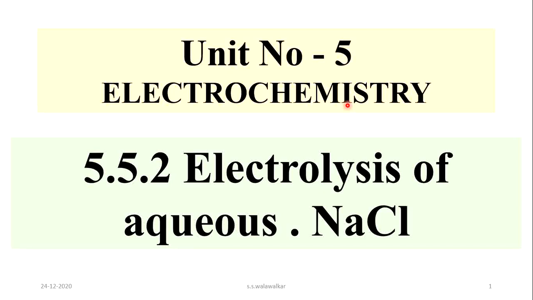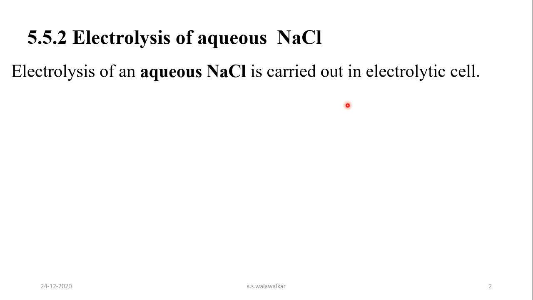In the case of electrolysis of aqueous sodium chloride, the construction of the electrolytic cell is the same as that of molten sodium chloride. But the reactions which take place at the cathode and anode are different. So let us see the electrolysis of aqueous sodium chloride.